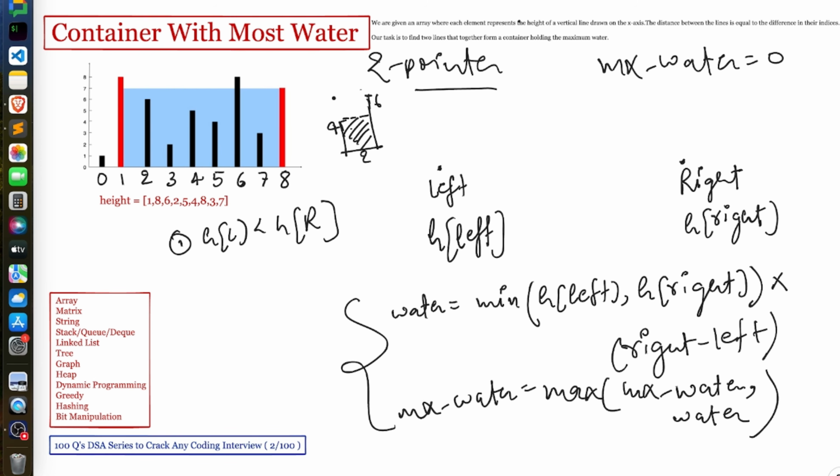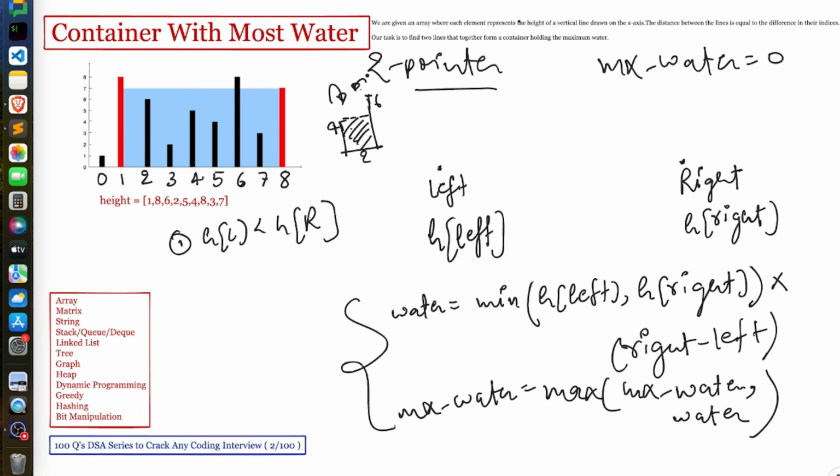Now try to think which pointer should be moved in order to get the most optimal result in the next step. Regardless of whether you are moving the left pointer or the right pointer, your total distance is going to decrease by 1. We are planning to either move the left pointer one step forward or move the right pointer one step backward.